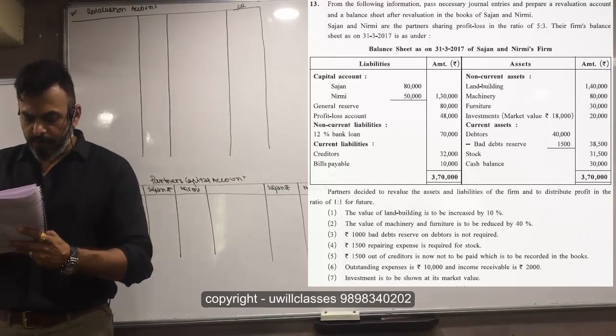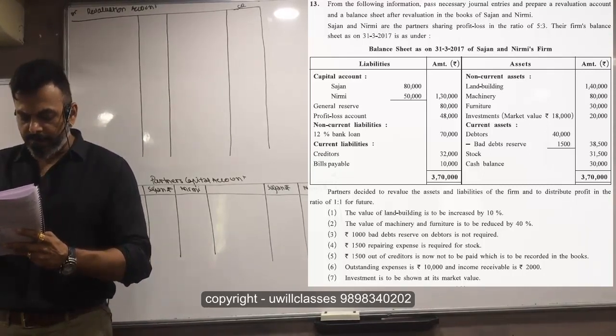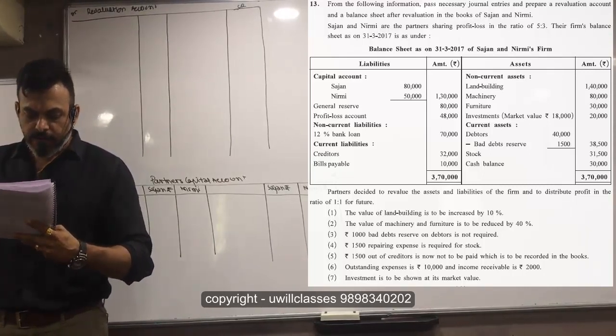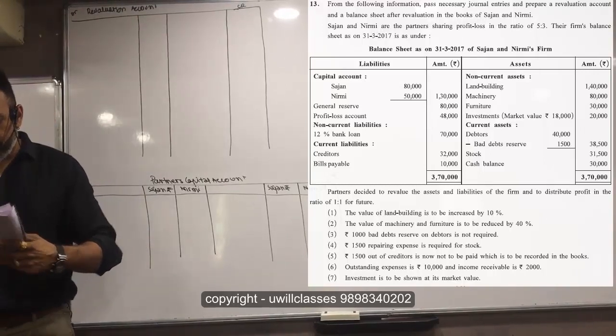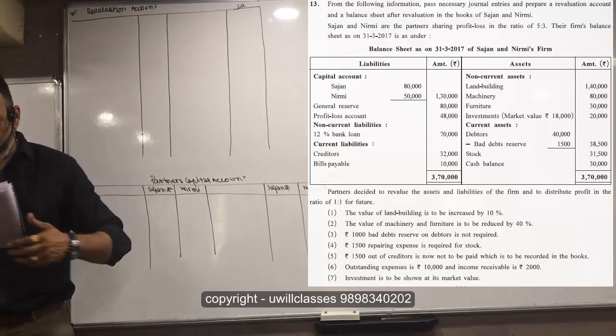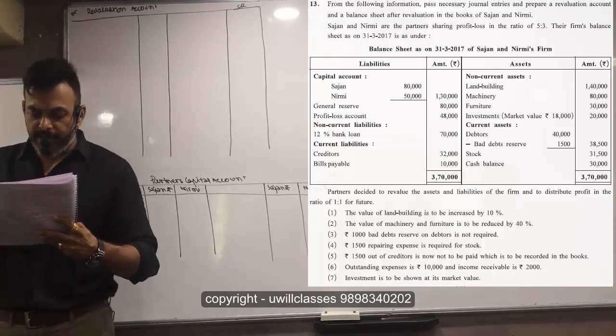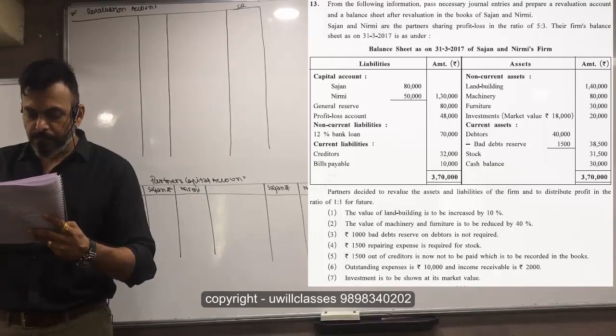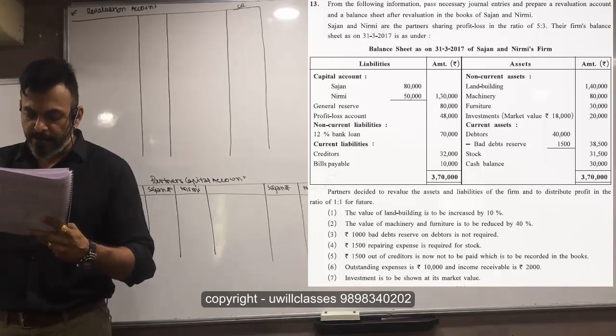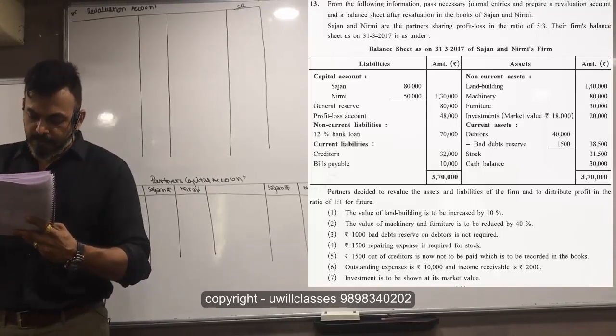Profit and loss, again tick it, in the bracket you write 5:3. 12% bank loan, creditors, bills payable, land, building, machinery, furniture, investment, market value 18,000. So we have to adjust this. Current asset, debtors, bad debt reserve, stock, cash.